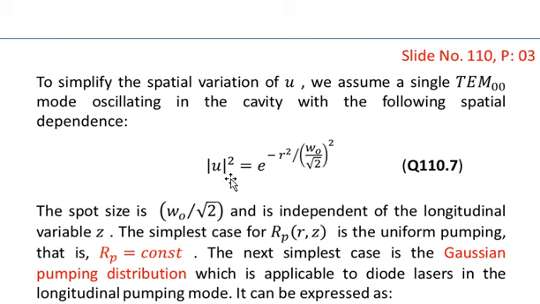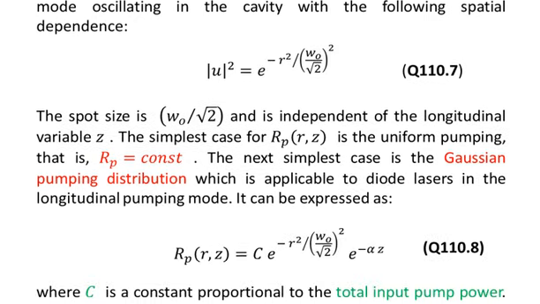Here we are considering the absolute square of U because we are not using U itself in our calculations. So we are not giving you the full description, but we are talking about the absolute value of U, which is e to the power minus r square divided by the square of omega naught, divided by the square root of 2.